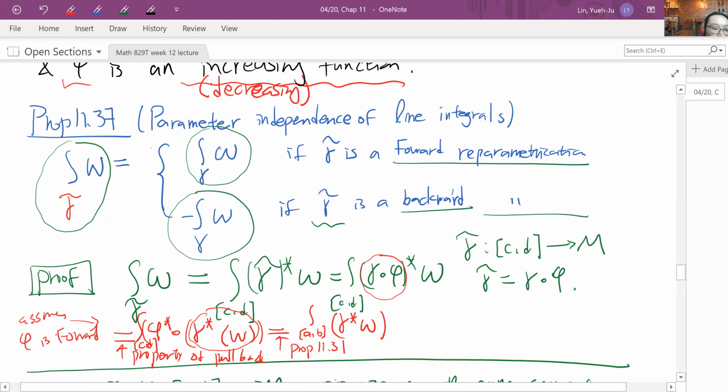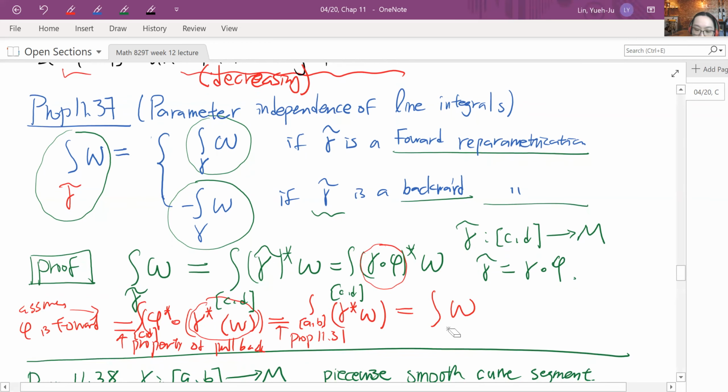And as you can imagine, if phi is backward, then in this step there will be a negative sign. Then this is really nothing else but the definition of the integral over gamma. So it's really just by the definition and the invariance under the diffeomorphism.